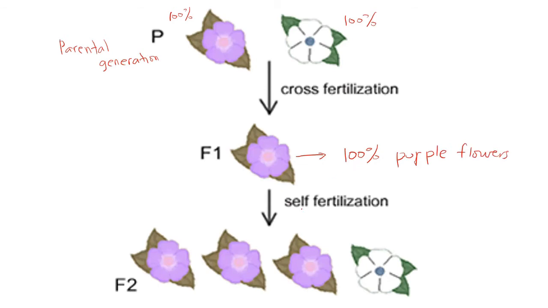Then doing the self-pollination, meaning they use the same purple flowers of your F1, it yields a 3:1 ratio, wherein there is 75% purple flowers and 25% white flowers.